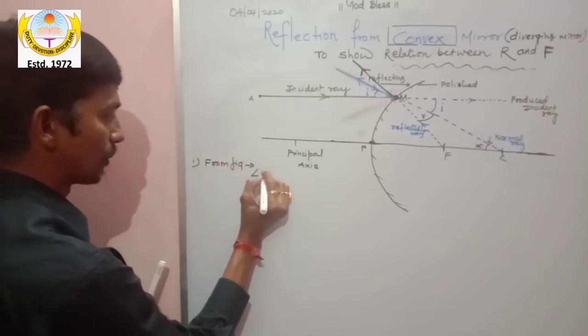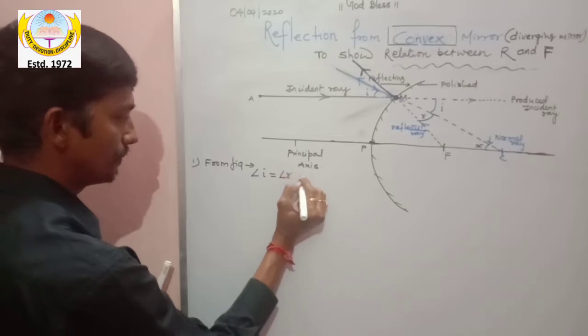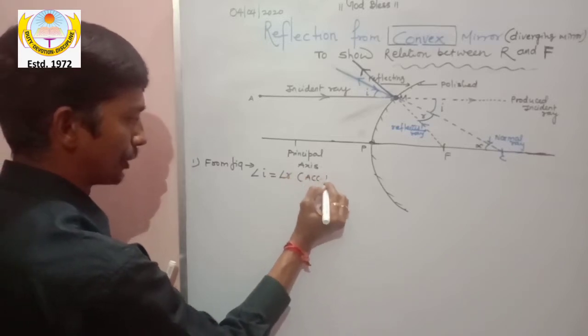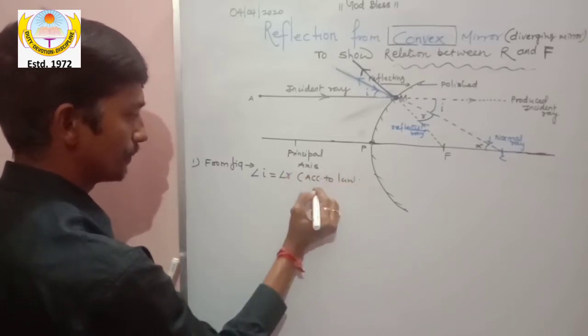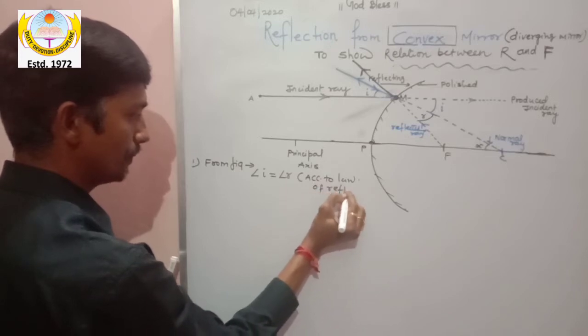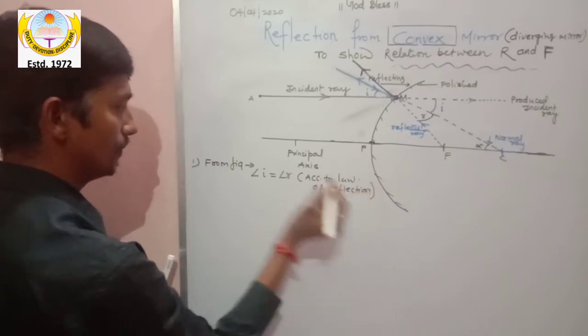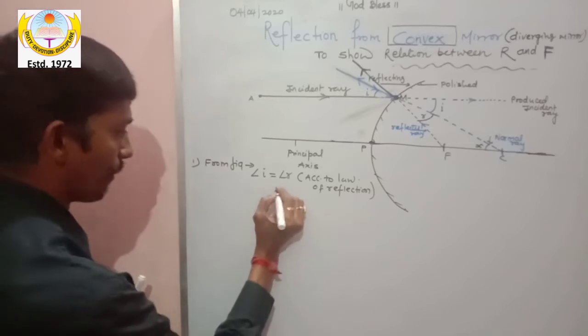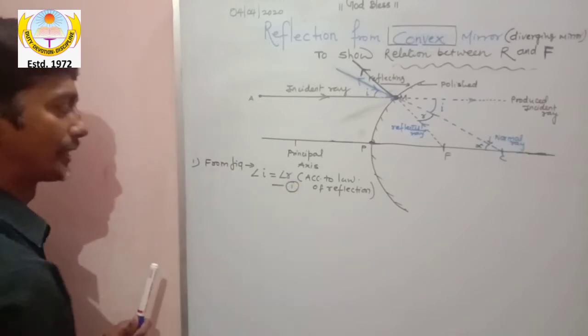angle I is equal to angle R according to law of reflection. This is your one equation.